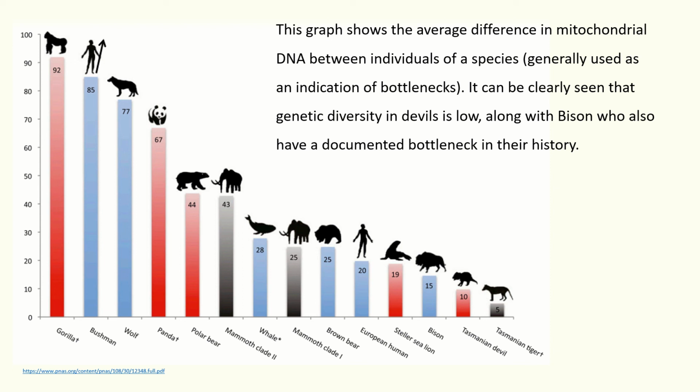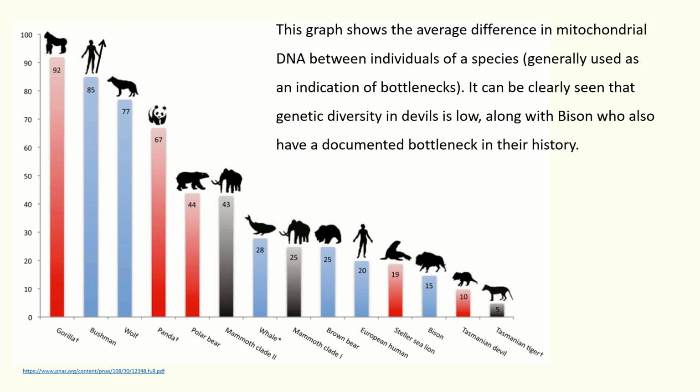If we have a look at this graph, you can see that the genetic diversity of the Tasmanian devil, which is second from the right there, is very low. The genetic diversity of Tassie Devils is incredibly low, and that means that they have gone through a bottleneck at some point.